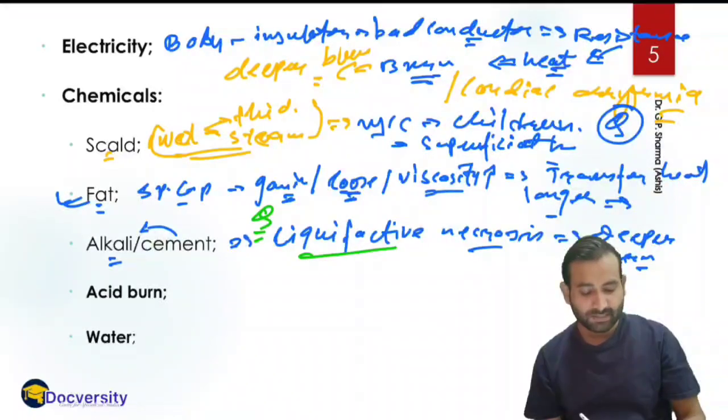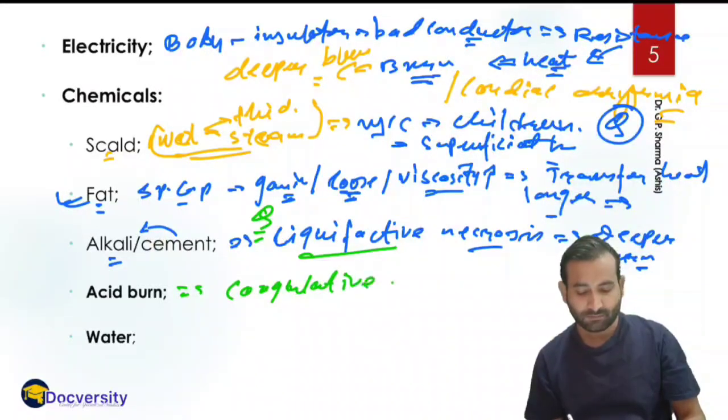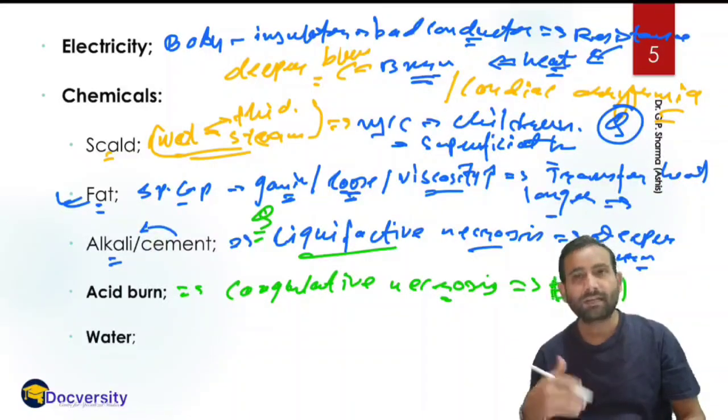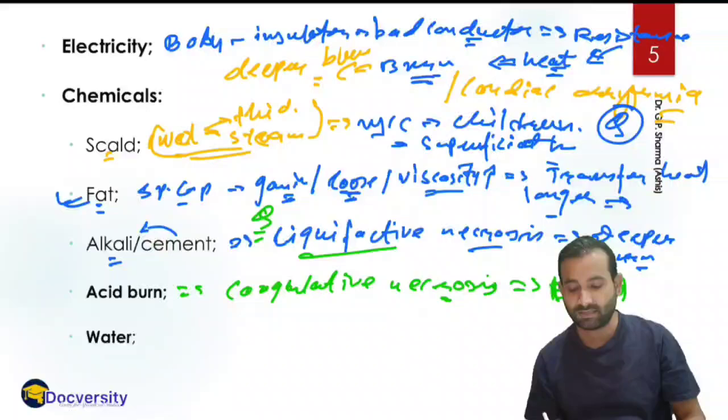Similarly, acid burn. Acid burn produces the coagulative necrosis, right? So if it produces coagulative necrosis, what happens? It produces the scar outside on the skin. Scar means thick, the thickness of the damaged tissues will be here, so the acid cannot penetrate deeper. Is that okay?